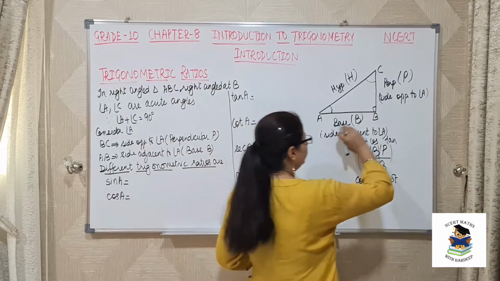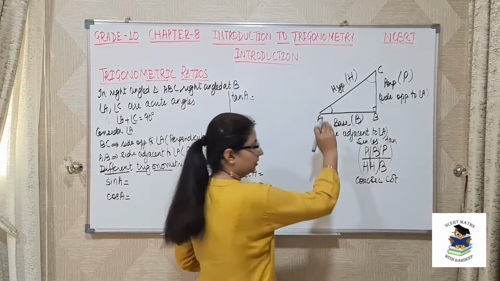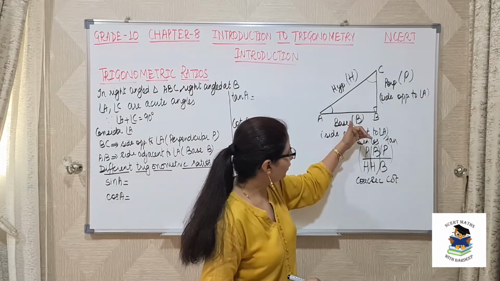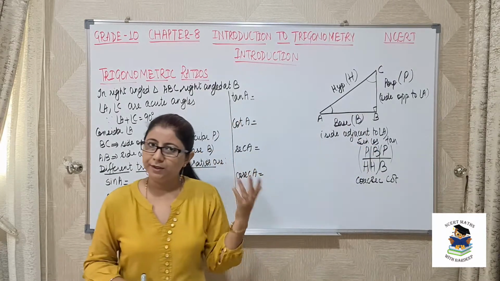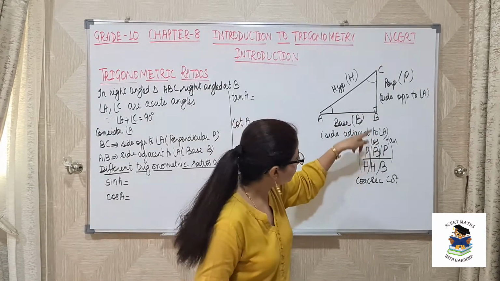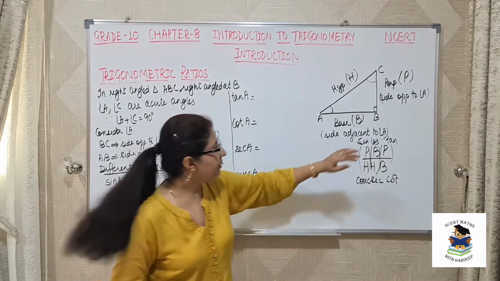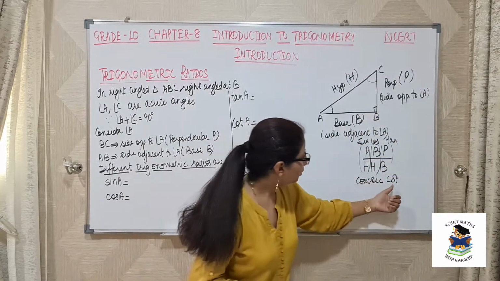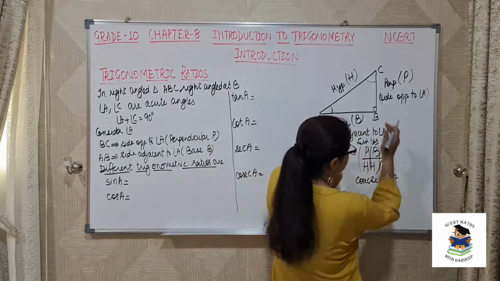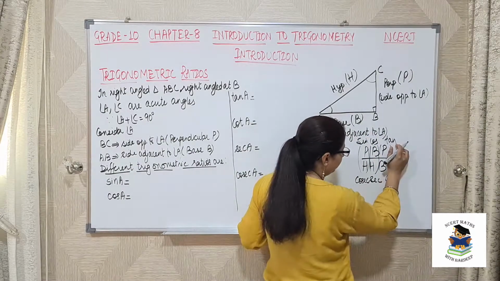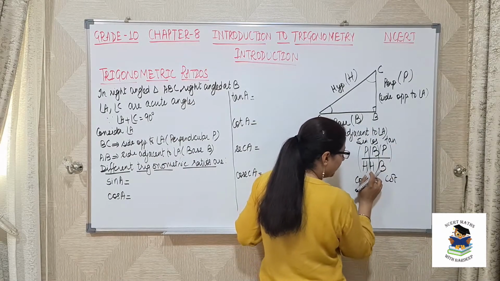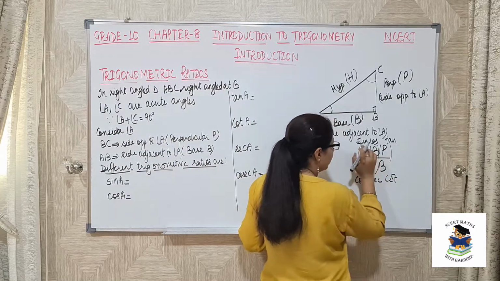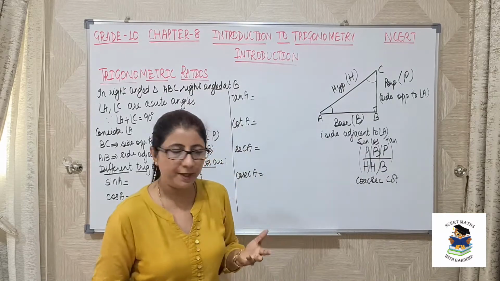Sine ratio is always perpendicular over hypotenuse. Cos is always base by hypotenuse. Tan is perpendicular by base. Cot is, reading from the other side, base over perpendicular. For secant, this is hypotenuse over base, and cosecant is hypotenuse over perpendicular.